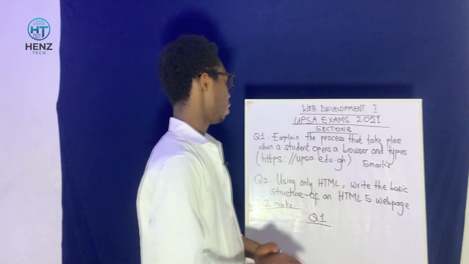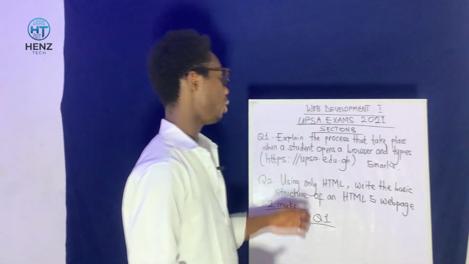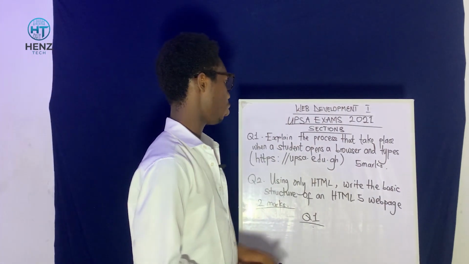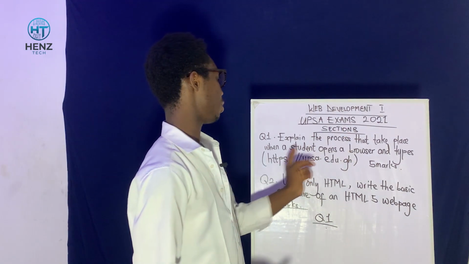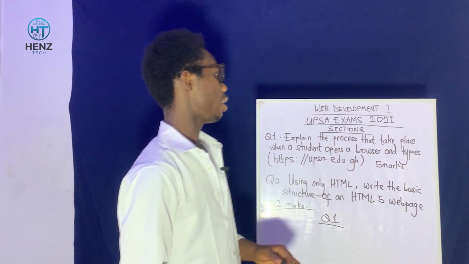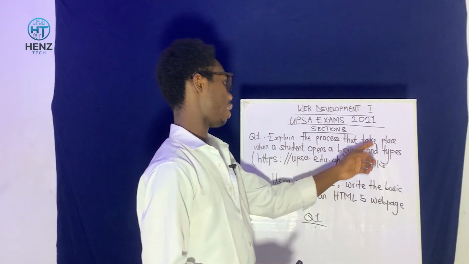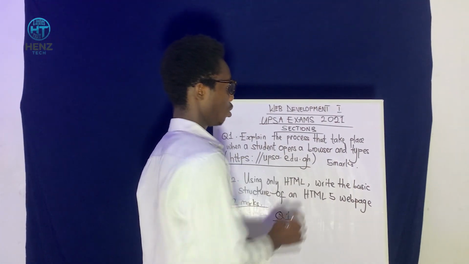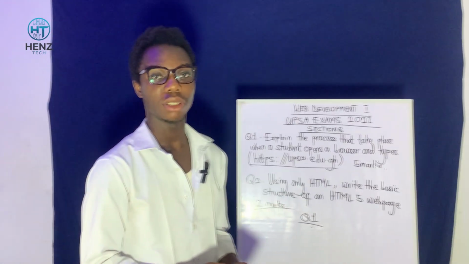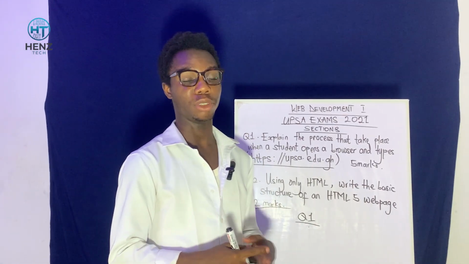So now let's first try to break the question down. What is the process that takes place when a student opens a browser and types a URL like this? So one, the first process is the URL processing.